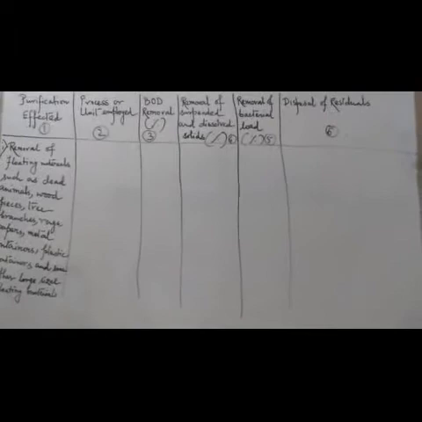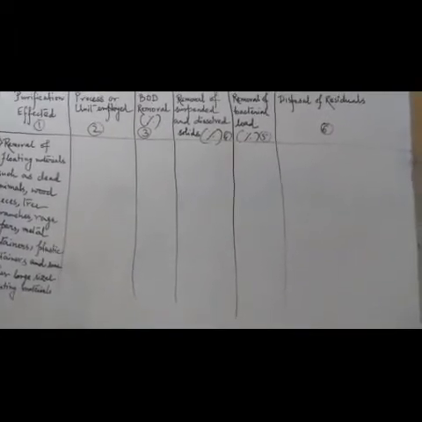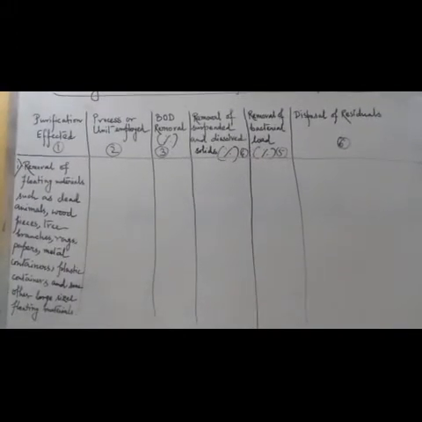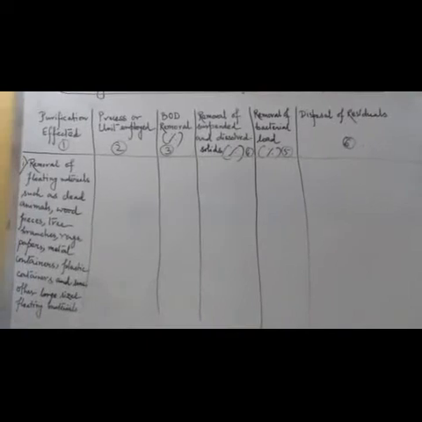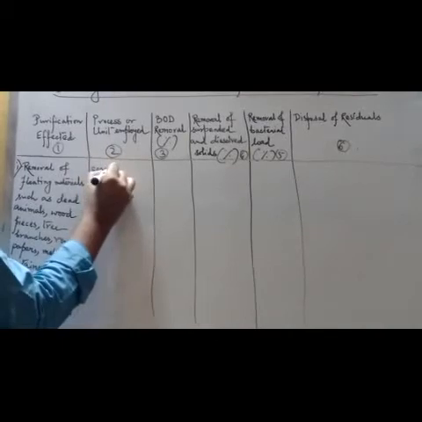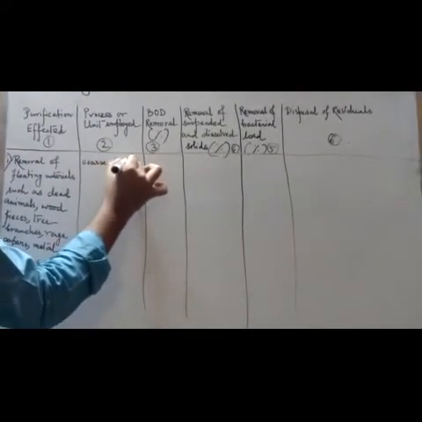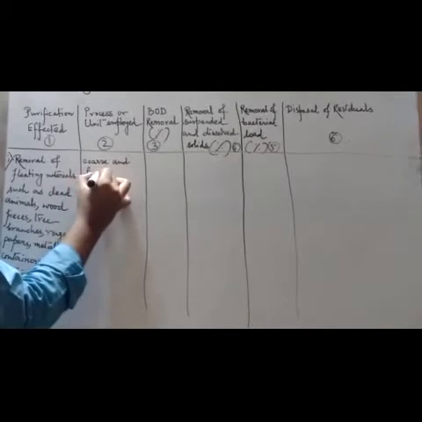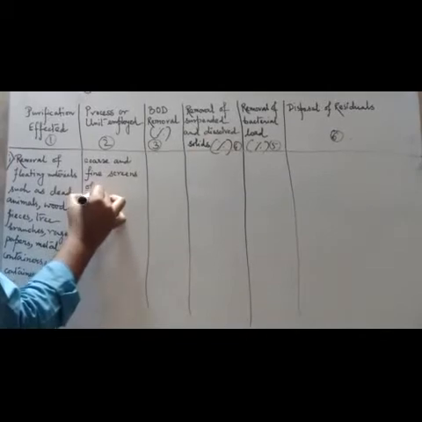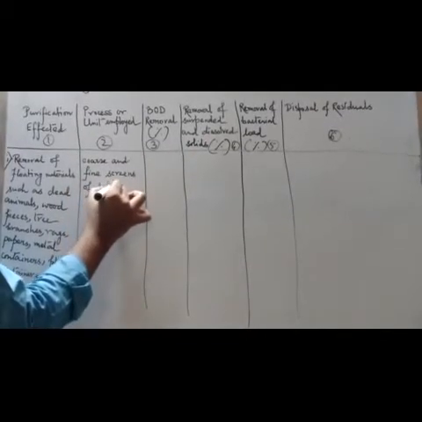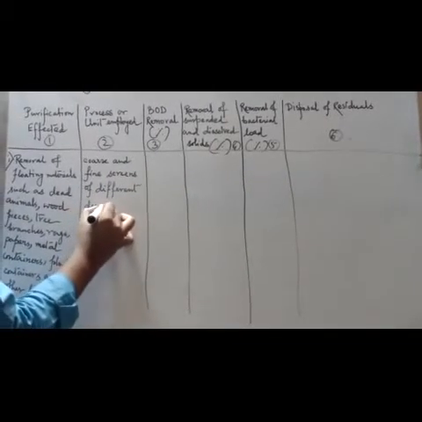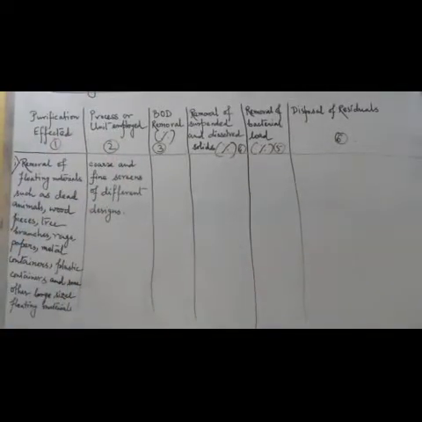And what are the processes or units employed for this removal? They are the coarse and fine screens of different designs.